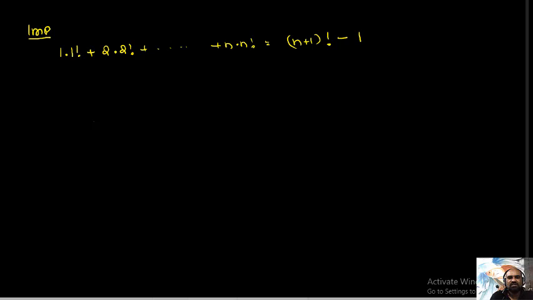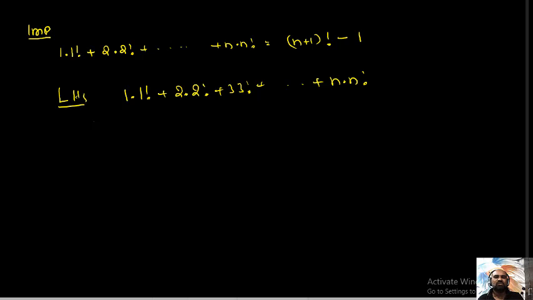Observe here the LHS. What is LHS? 1 into 1 factorial plus 2 into 2 factorial plus 3 into 3 factorial, and so on, plus n into n factorial. We want to prove that the summation equals n plus 1 factorial minus 1. Or I can say this is nothing but sigma n into n factorial, where n is taken from 1 to n.